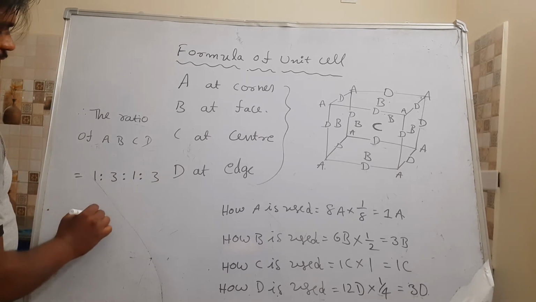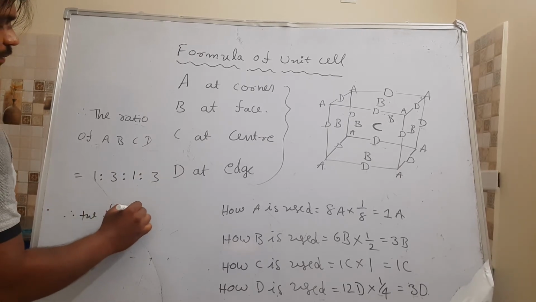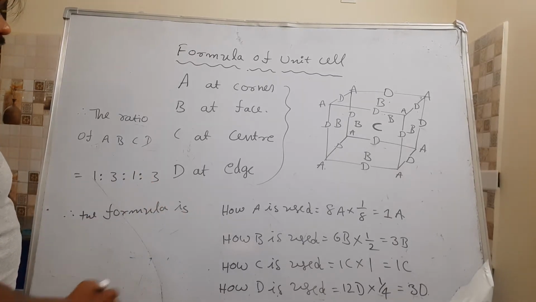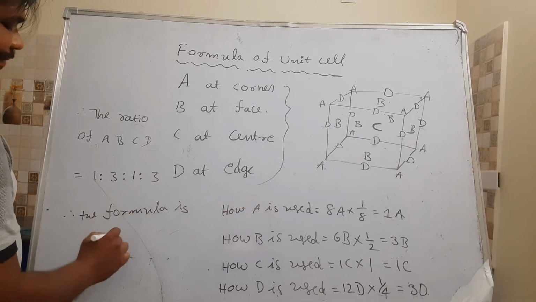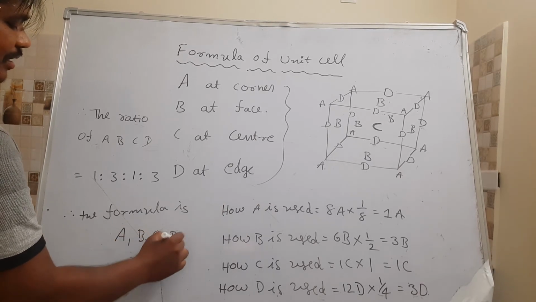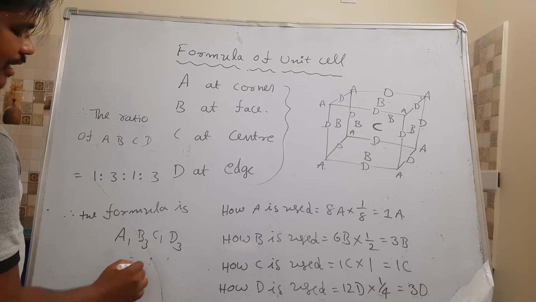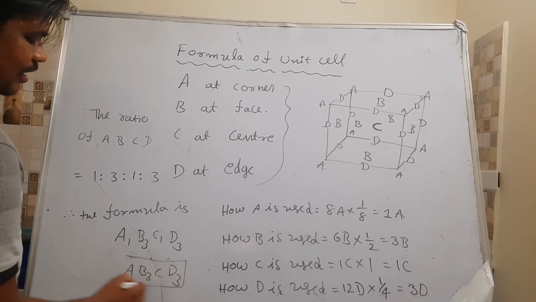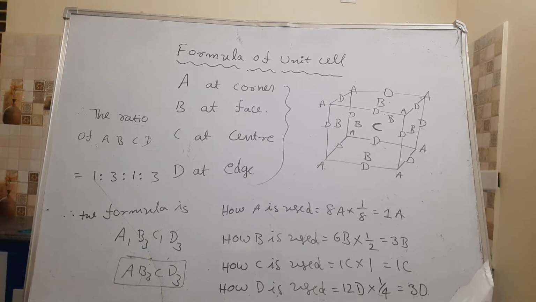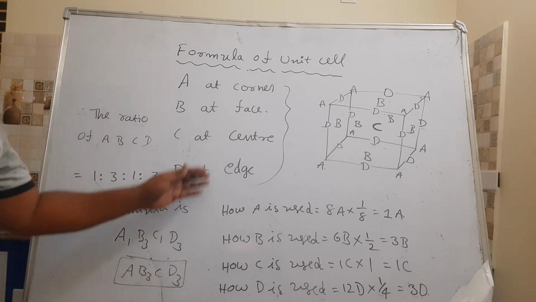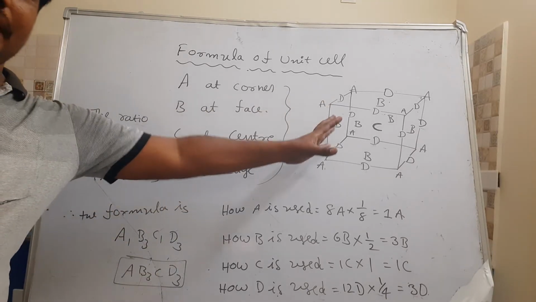Therefore, the formula is A1, B3, C1, D3, that is AB3CD3. This is the formula, students, when the unit cell is given like this.